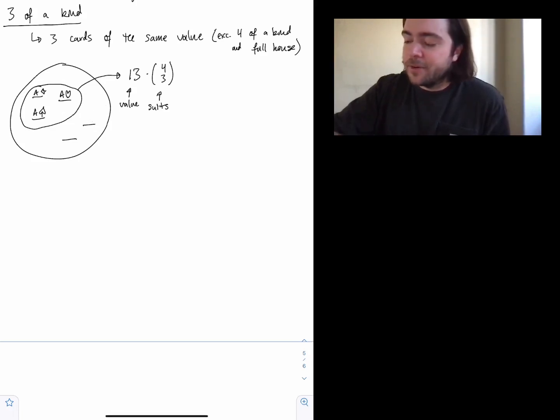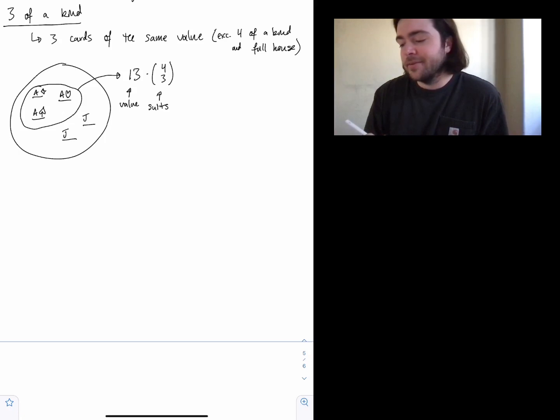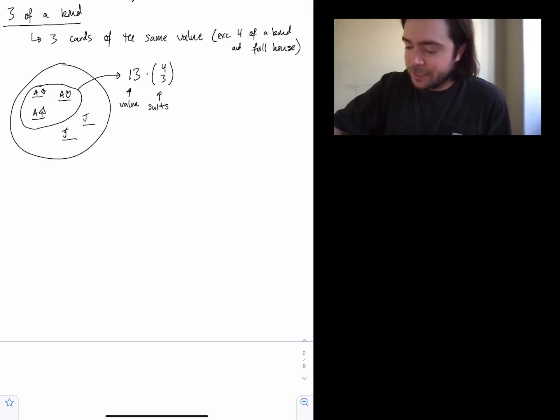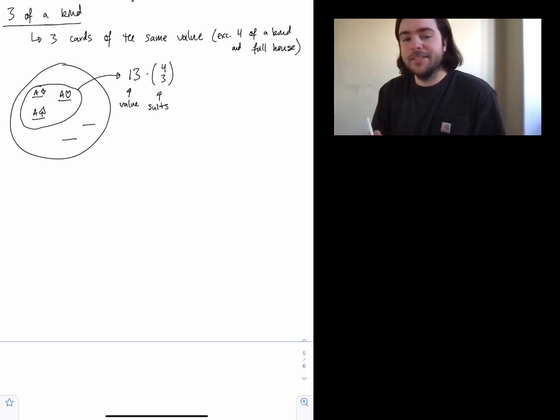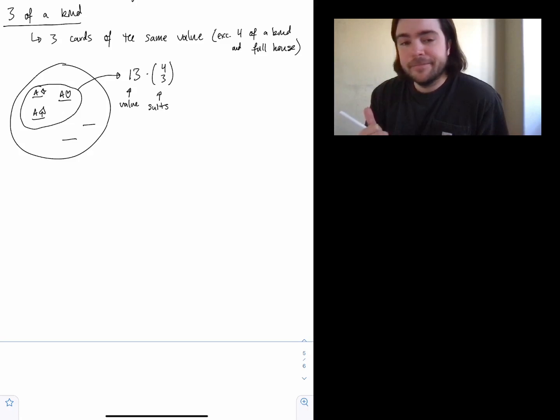Okay, and the other thing we have to worry about is we can't have a full house. So I can't have 2 of the same value card here, because otherwise that would be a full house. So what are my possible choices for the values of these 2 locations to avoid those other 2 hands? Well, I can't choose an ace.